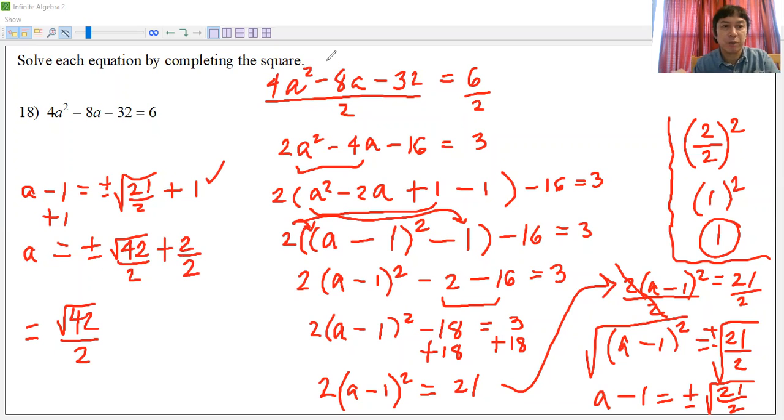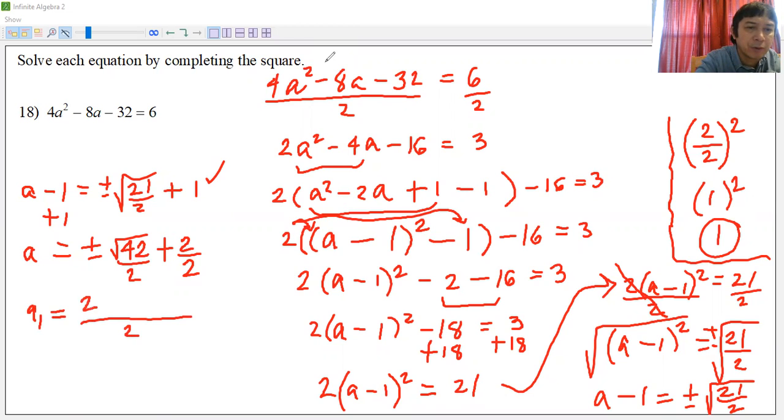And so we can now simplify our answers. Let me erase this part so that we can write our answers. This will now be written A1. Okay, we can make this with the same denominator too, like this. And then we can write the 2 first, then plus square root of 42.